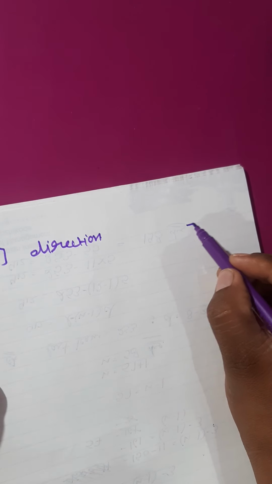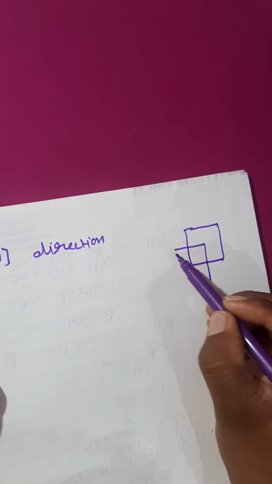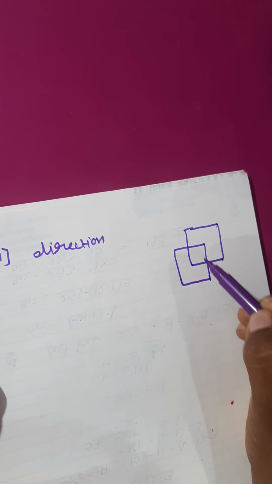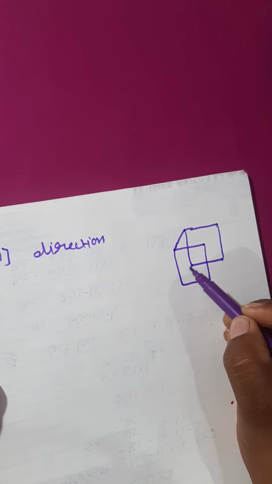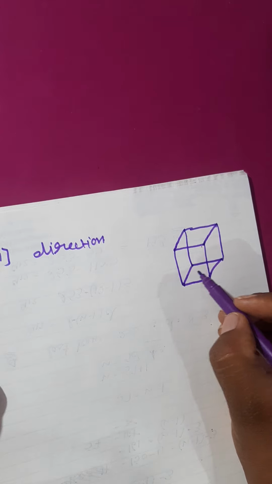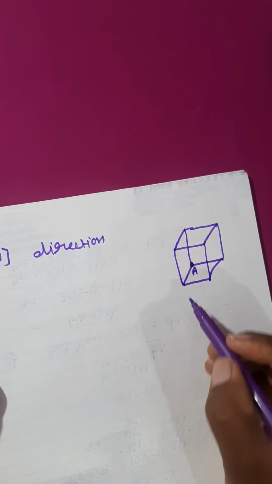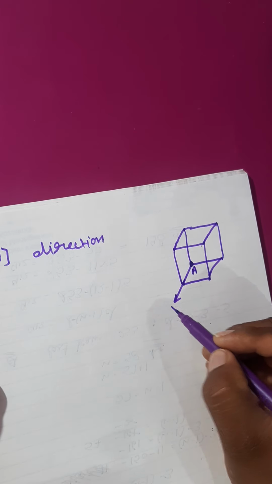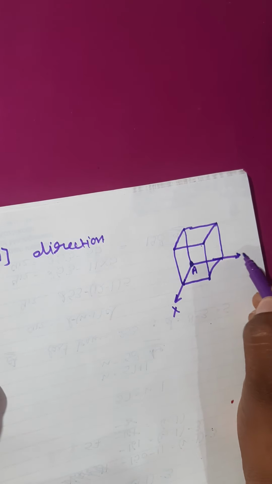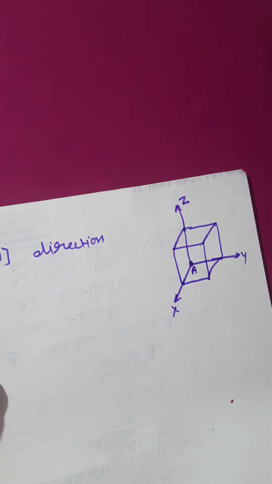Let us draw the diagram. A is the origin, and mark the axes: x-axis, y-axis, and this is the z-axis.